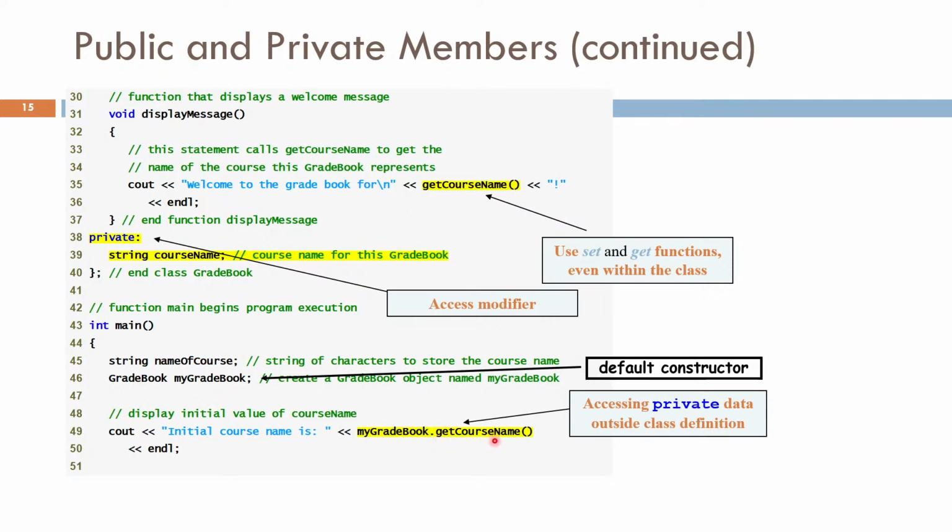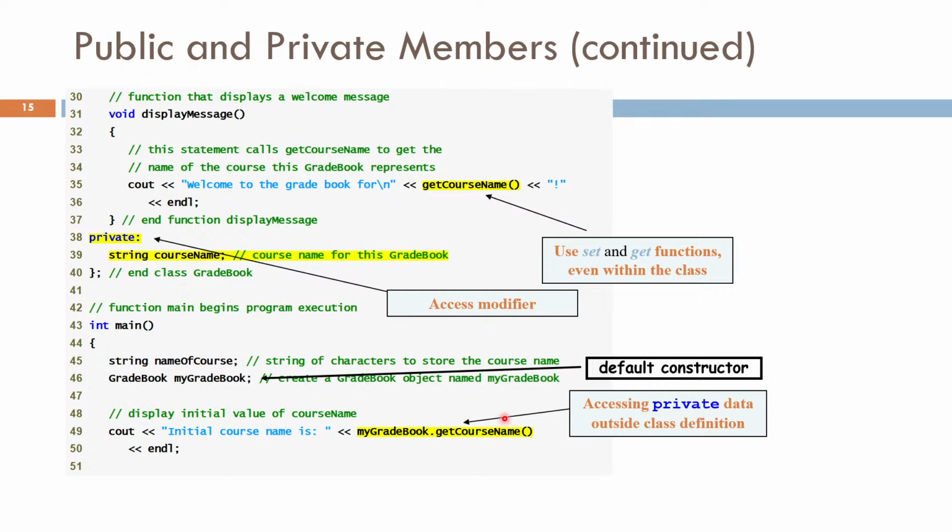So when we actually use this in our main function, we are able to obtain whatever is stored in courseName, even though it has the access specifier private, because we're using the getCourseName function to get access to this private member variable.